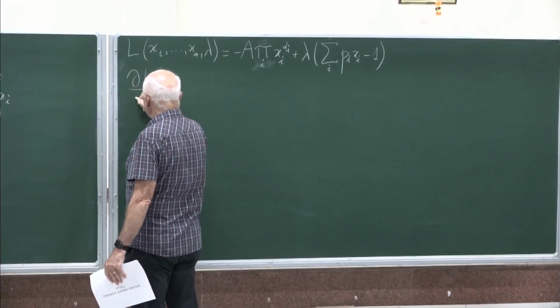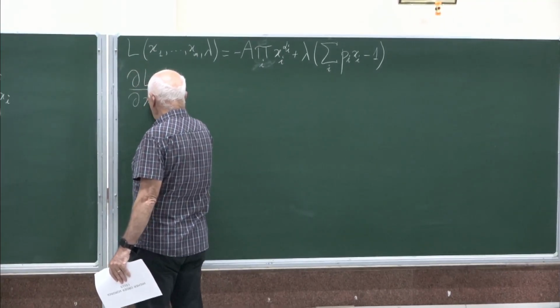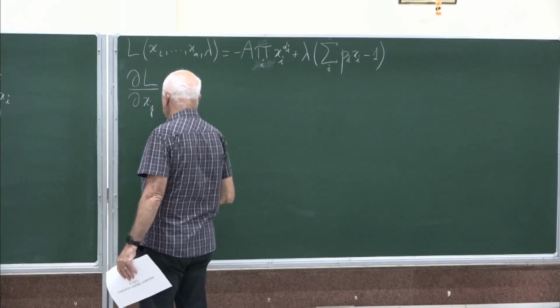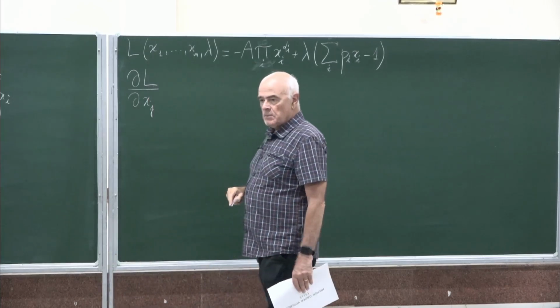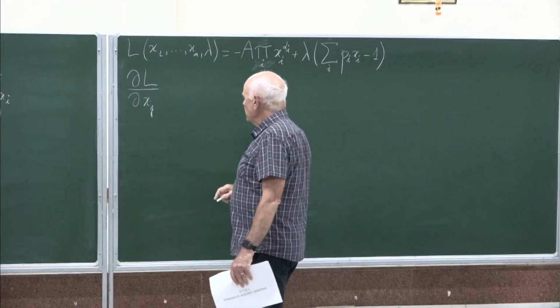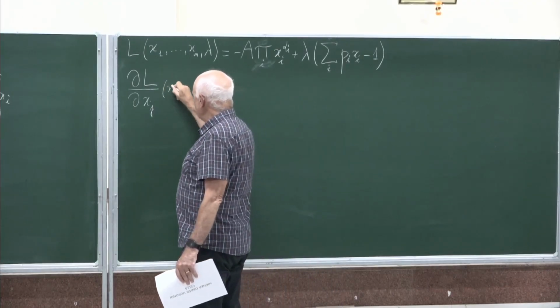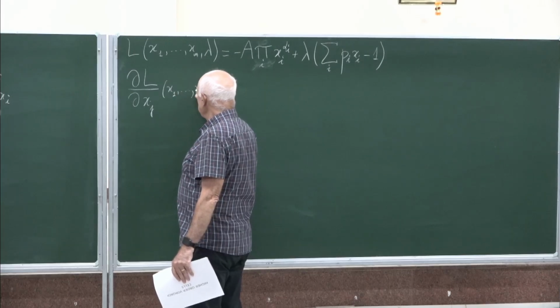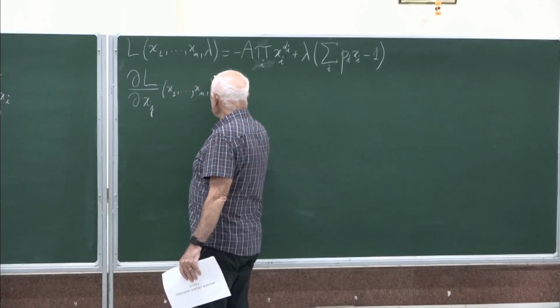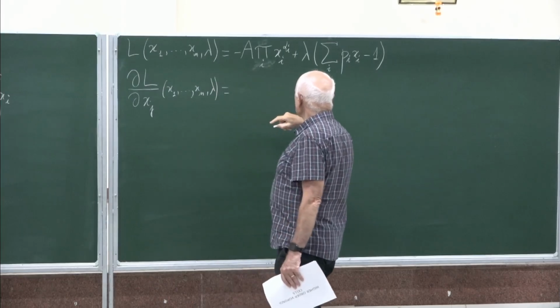So let us write the partial derivative of the Lagrangian function with respect to xj.